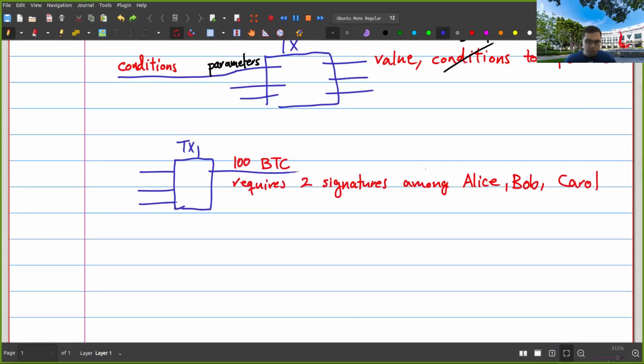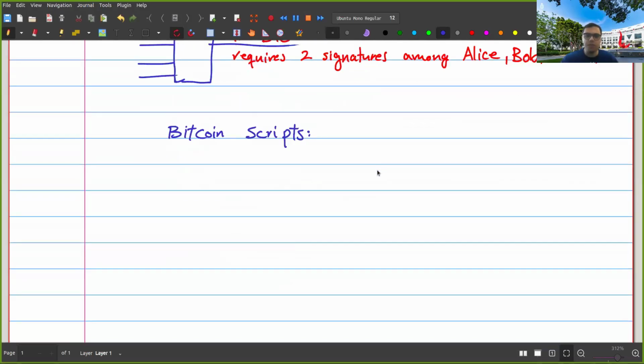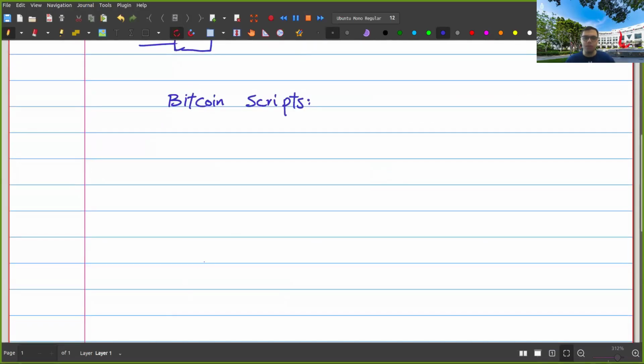But just to talk a little bit about Bitcoin scripts, I want to tell you some of their limitations. One important limitation in Bitcoin scripts is that they cannot have loops. Every script has to run in constant time, in O(1).